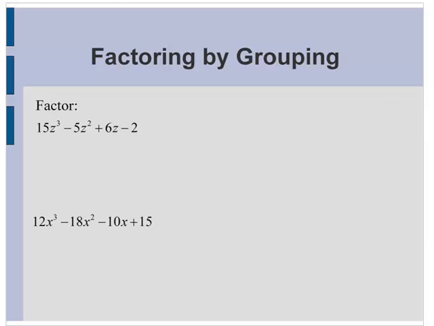All right, so let's say we had this expression, 15z cubed minus 5z squared plus 6z minus 2. The first thing that we always check whenever we see the instruction factor is, is there a common factor?